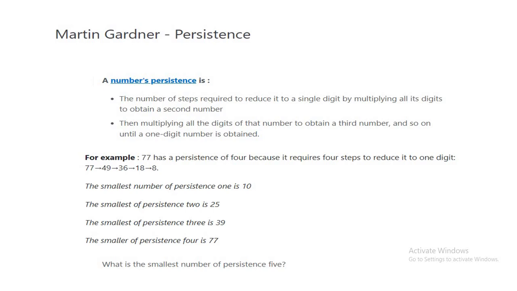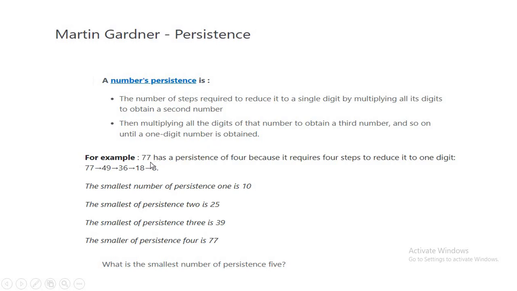A number's persistence is the number of steps required to reduce it to a single digit by multiplying all its digits to obtain a second number, then multiplying all the digits of that number to obtain a third number, and so on, until a one-digit number is obtained.